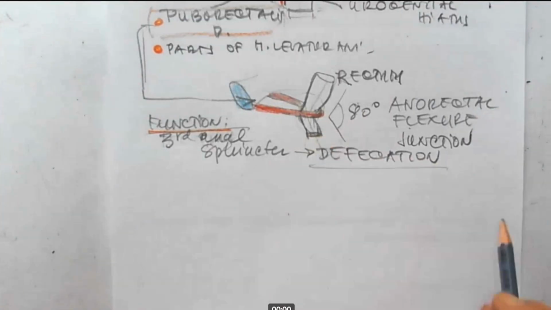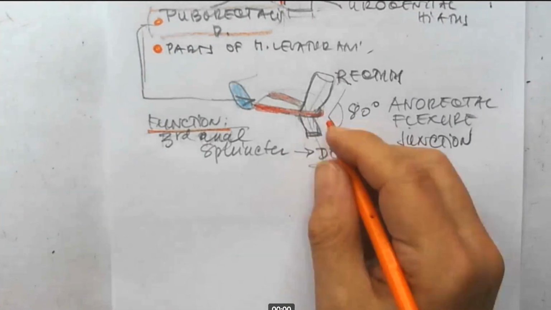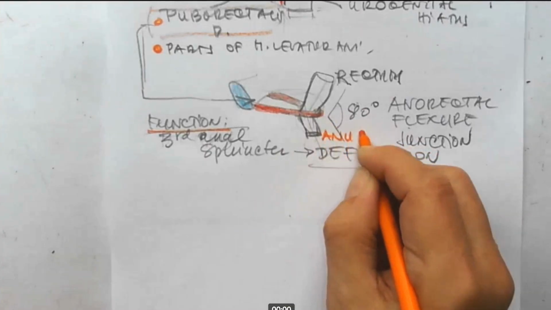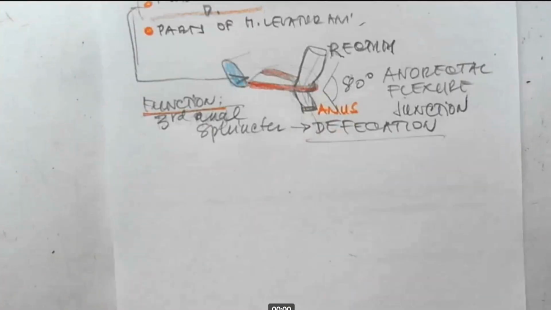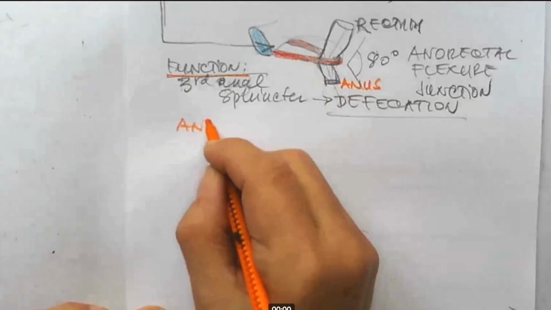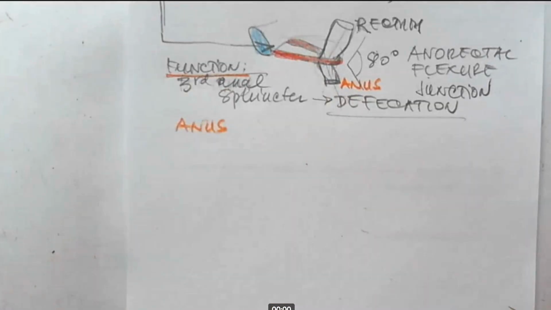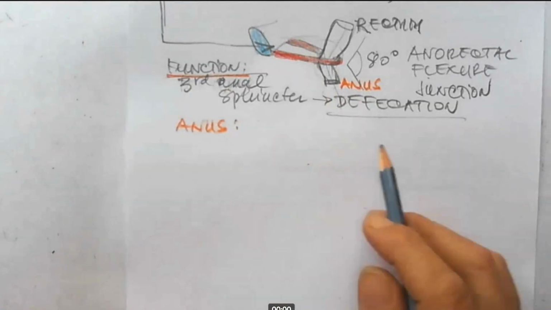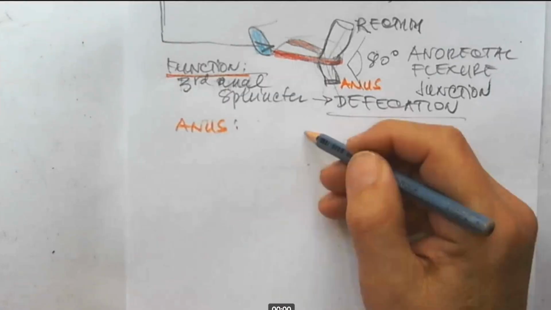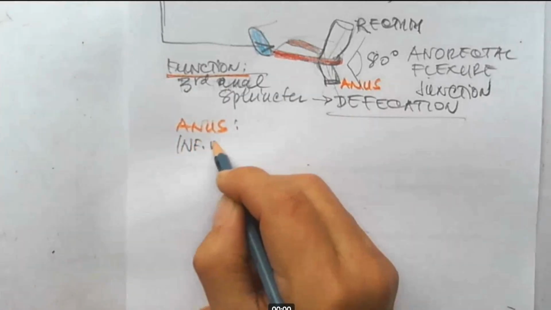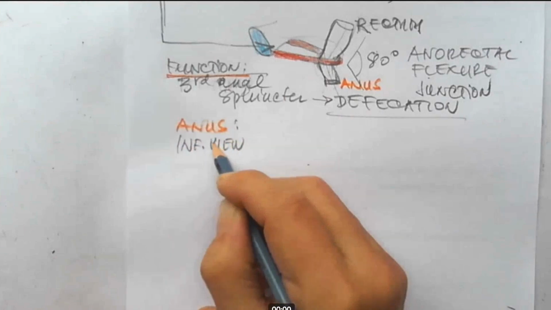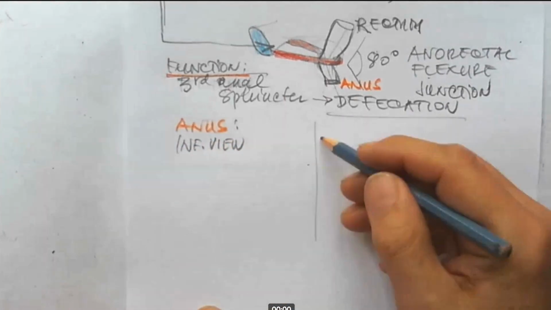Concerning the opening, here we see the anus, because the anal canal has the opening, the anus. If we are looking at the anus from below, this is the inferior view, a very simple sketch.